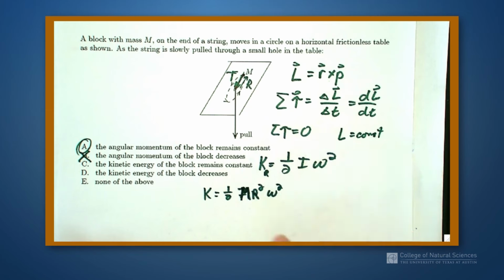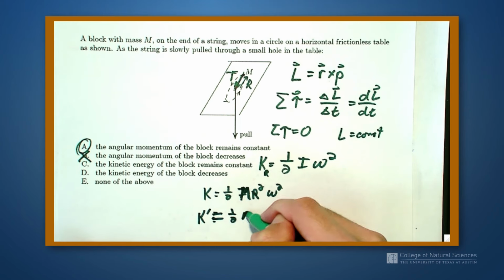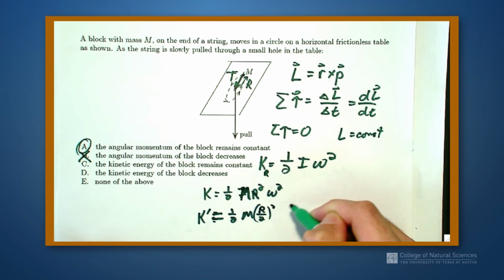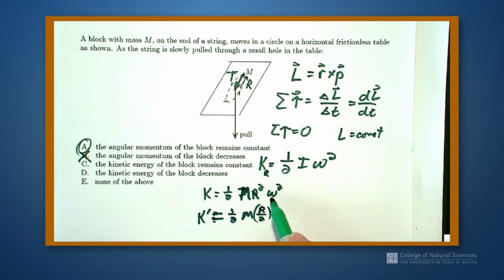And as I pull this object inward, I will see that my K prime, my new K, is equal to 1/2 m, a smaller r, let's say it goes to half the value, and my omega is going to change as well. And as my r goes down, my omega is going to go up because of conservation of angular momentum.